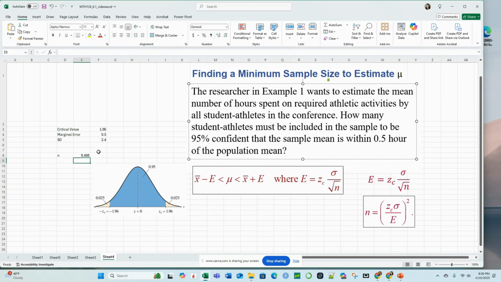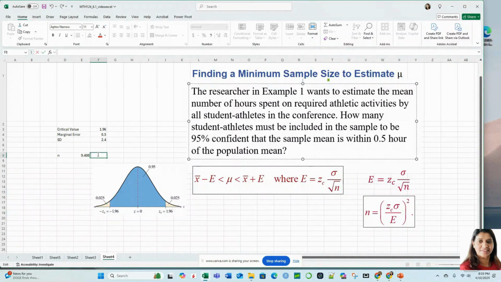First get this value, then in order to find n, I need to square this value. So I will type equal, click this value, square it. You will see that we got 18.5. So we have to use the next highest whole number. That means 89. Then our minimum sample size n is 89.